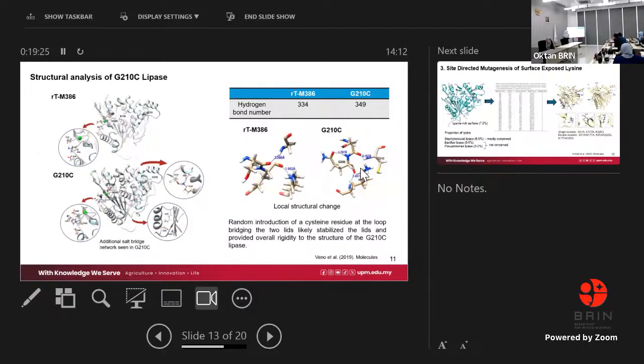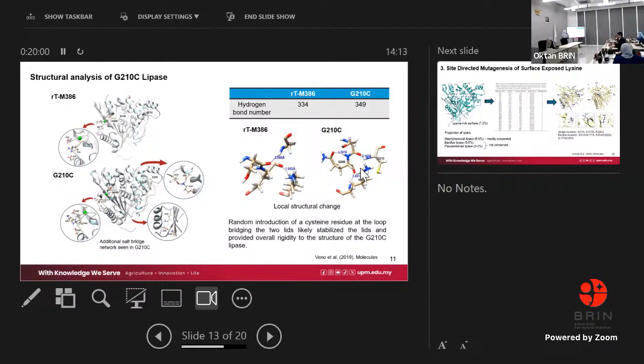Next, we examined the intramolecular interactions. So we compared the wild type and the mutant. Interestingly, in the mutant, there is an additional salt bridge network, an increase in hydrogen bond number, and also more cation-pi interactions in the structure.